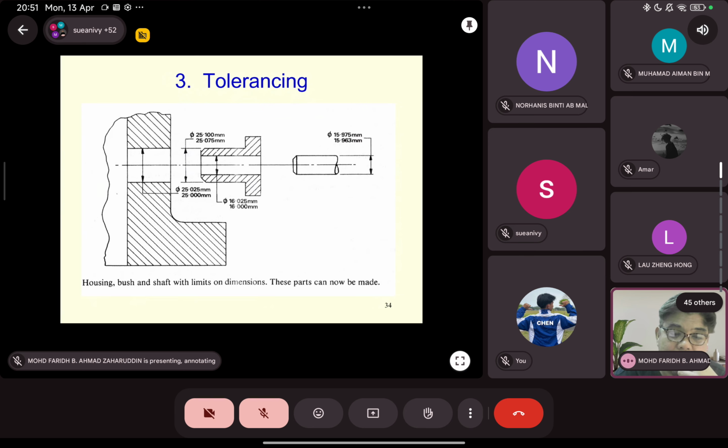Okay, now Lau Zeng Hong, are you listening? Yes, doctor. Okay, for this bush, for this shaft, what is the nominal size and basic size for the shaft? 15 millimeter. 15?